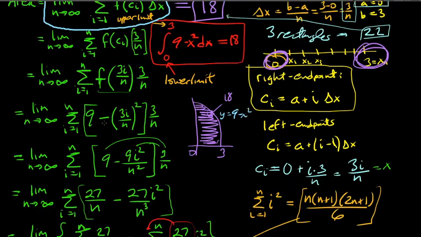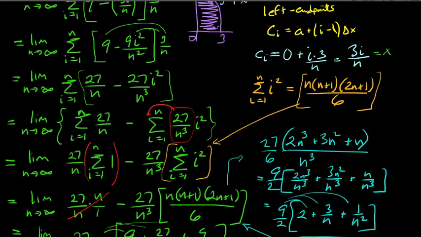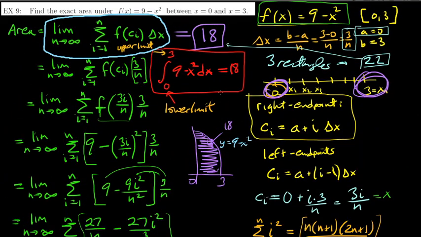And so it's going to be a very long, tedious process to use the definition. So in maybe the next couple of videos, I'll show you a shortcut to this. I shouldn't say shortcut. It's basically a formula that you can use to calculate this 18 without having to do all this.